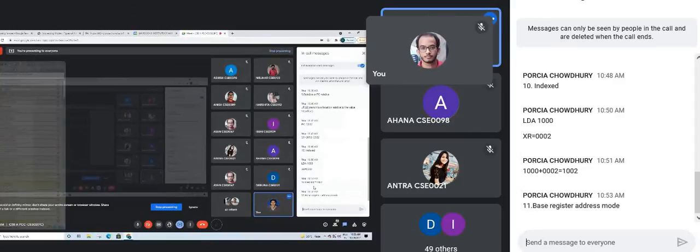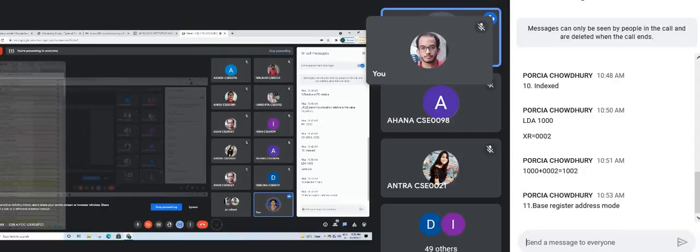The effective address is the address specified in the operation plus the content of the index register. The address specified is 1000 and the content of the index register is 2, so that's 1002. That is your effective address. That means you have to go to memory location 1002, fetch that data and load it into the accumulator.